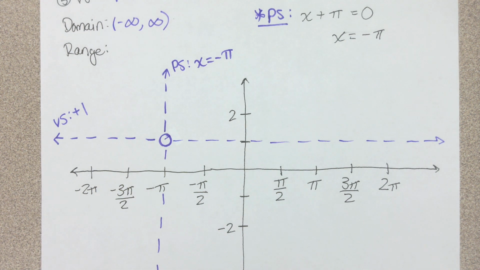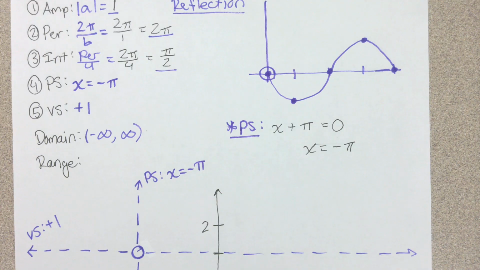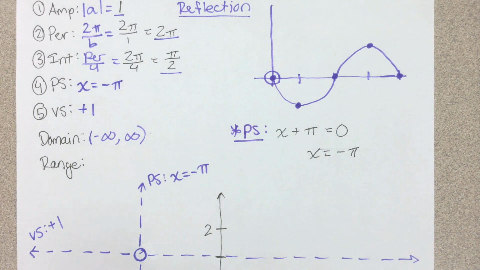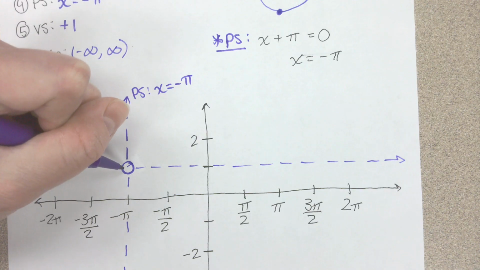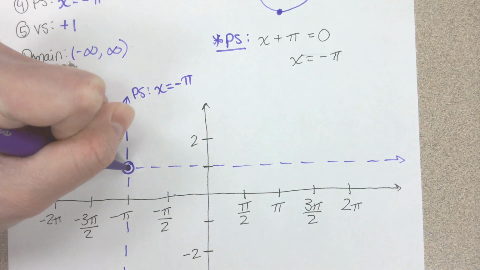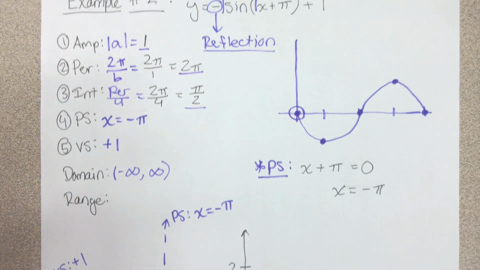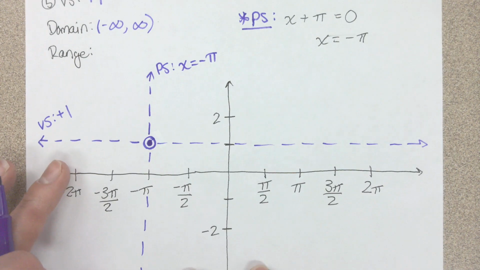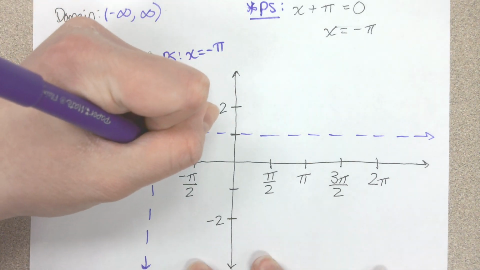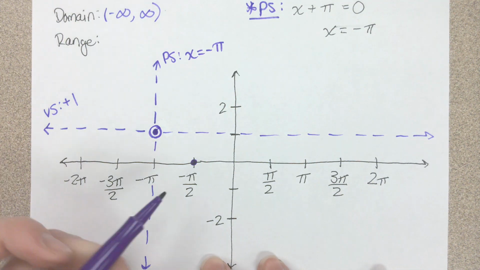From here, we graph our points. Again, this is why I make the drawing, so by the time I get here, I don't have to think too hard about it. I'm starting inside the circle. Then I go down to the minimum, and we're only going up and down 1. So our minimum here is at 0 on the x-axis.